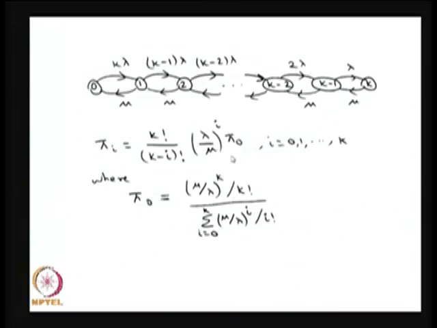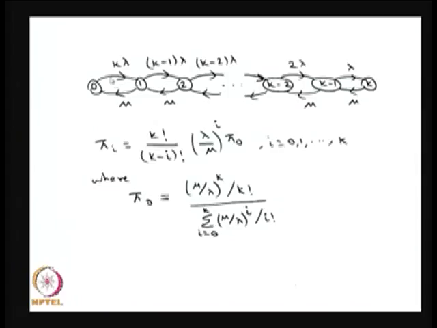Therefore, this is going to be a birth death process with birth rates K times lambda, K minus 1 times lambda and so on, whereas the death rate is mu, because we have only one repairman. So, this is the system size, the number of jobs in the printer. Therefore, that varies from 0 to capital K, because we are making the assumption that more than one print job cannot be given by the same PC before the print is over.